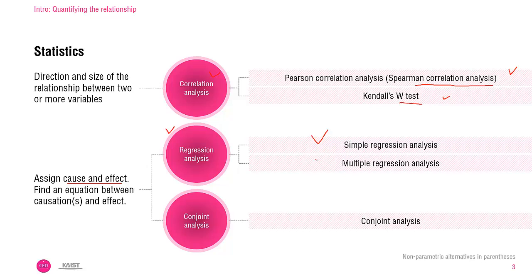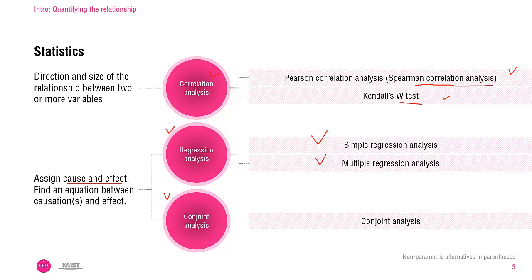The multiple regression analysis, in Korean, 다중회귀 분석, is used when you have more than one cause. Through a multiple regression analysis, you can extract an equation that quantifies the relationships between many causes and one effect.